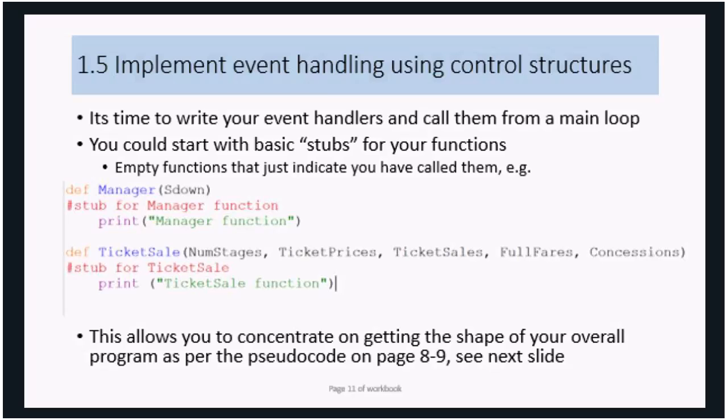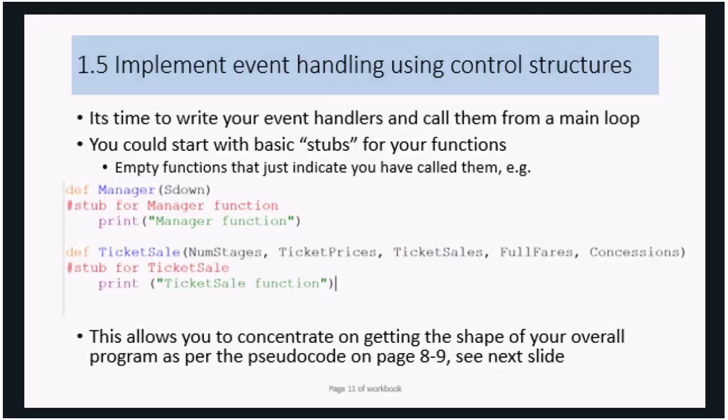So regardless of all these arguments that it needs, it's just going to say ticket sale function. So that will let you concentrate on setting up the main loop, seeing it respond to input by just printing these messages on the screen. And once you've got that structure in place, you can then think about startup, shutdown, and then the event handlers.